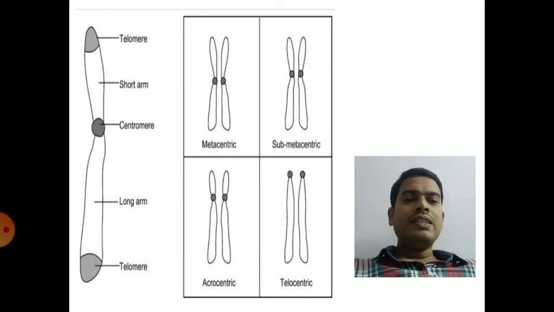If the centromere is absent, the kinetochore does not form. Such a chromosome is called an acentric chromosome, where the centromere is completely absent.